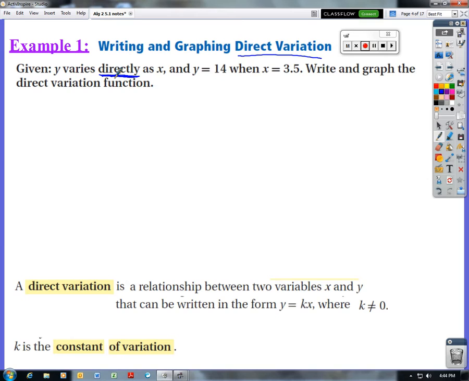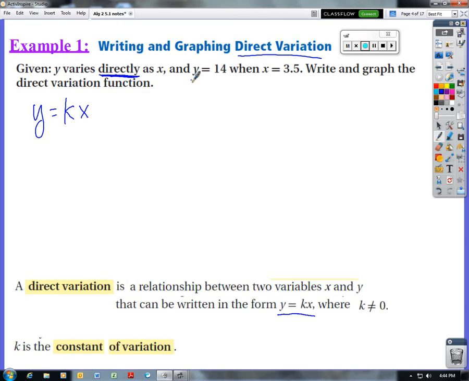And with direct variation, we're always going to use this form: y equals k times x. K and x are multiplied in direct variation. Maybe you can think of it as the relationship between x and y is they're directly related with that multiplication there.